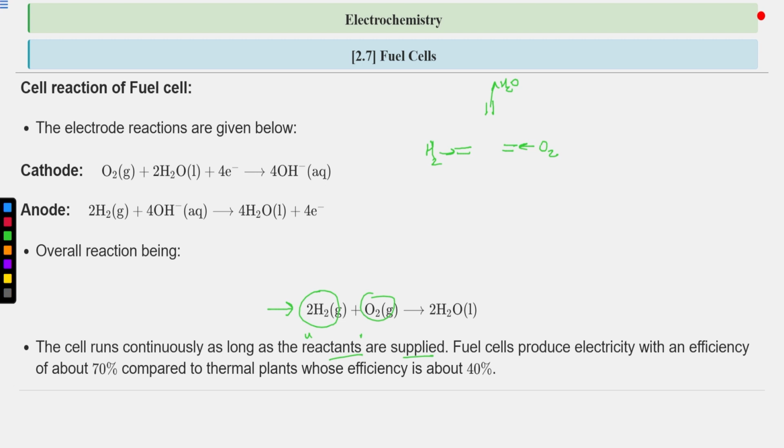Fuel cells produce electricity with an efficiency of about 70% compared to thermal plants, whose efficiency is about 40%. If you compare, the fuel cell is a better option for the production of electricity.